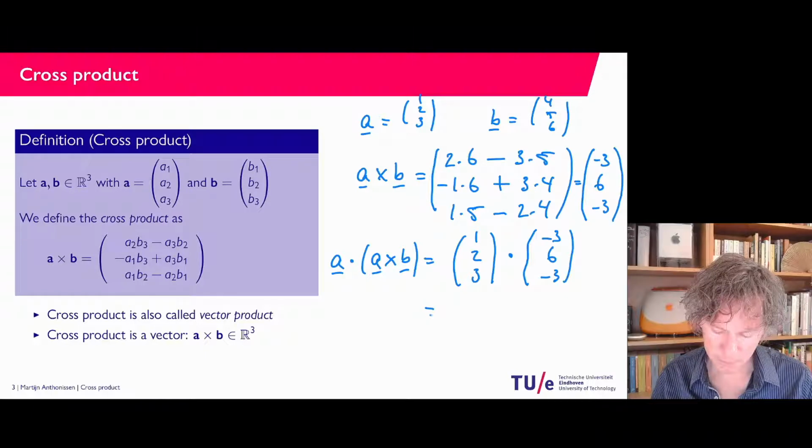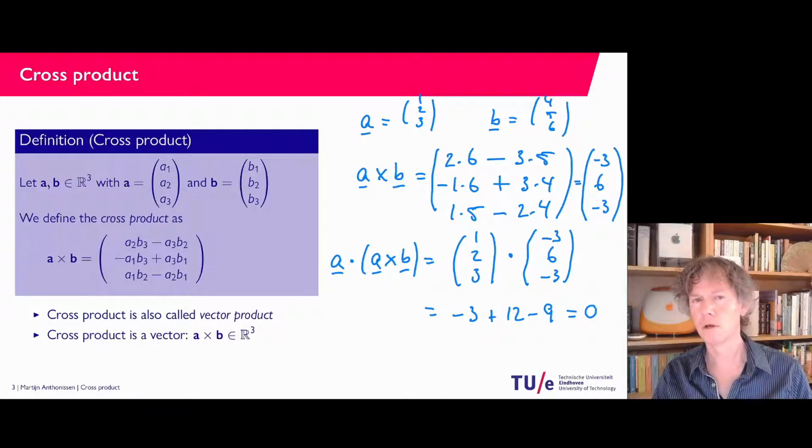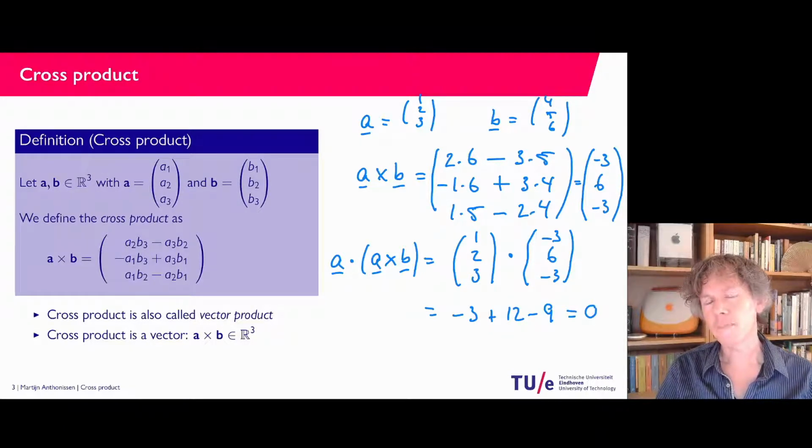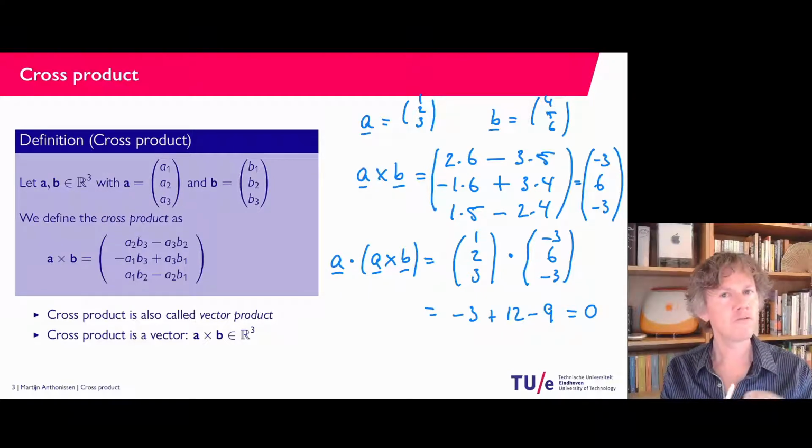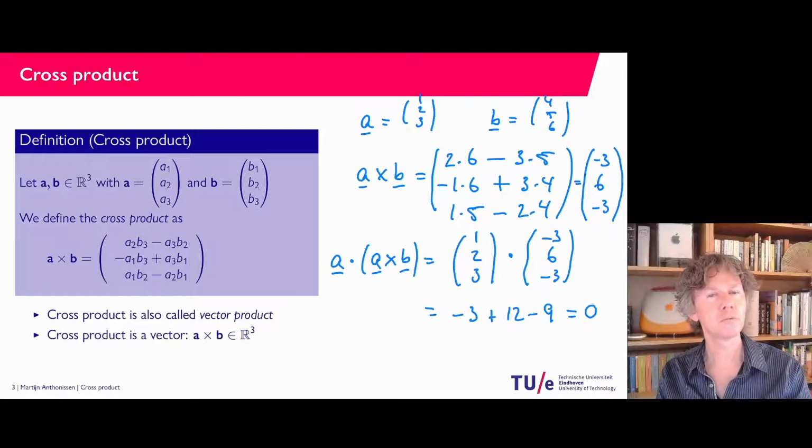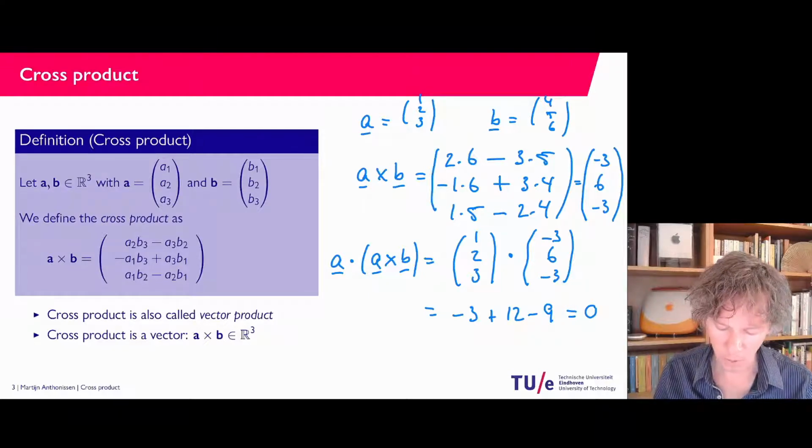So what we get is minus 3 plus 12 minus 9, which is 0. So if you think back, what did that mean? You take two vectors and you compute that dot product. That tells you something about the angle between them. If you find that dot product to be 0, you know that they are perpendicular. They make a 90-degree angle.